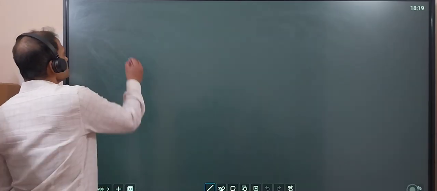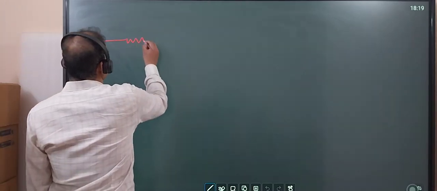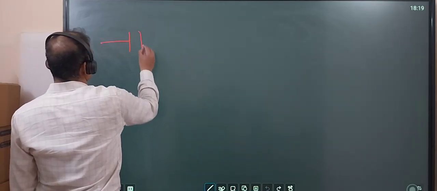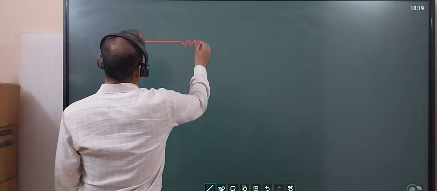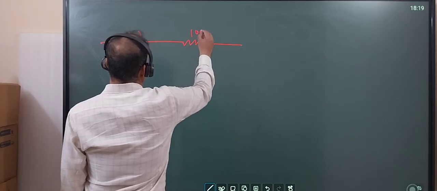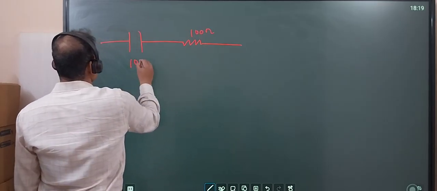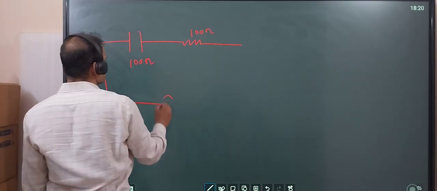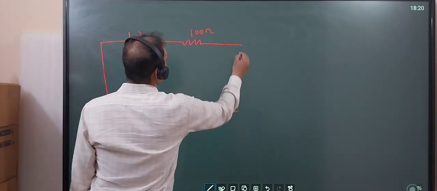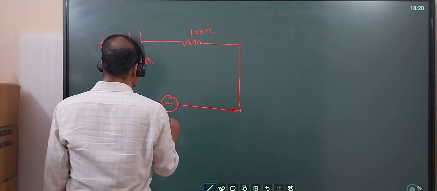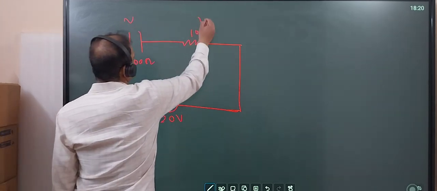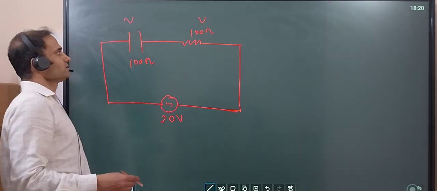On the next page, this was capacitance and this was the resistance. This was 100 ohm, this was also 100 ohm, and the total voltage applied was 20 volt. So I will call it V, I will call it V. Why V and V?